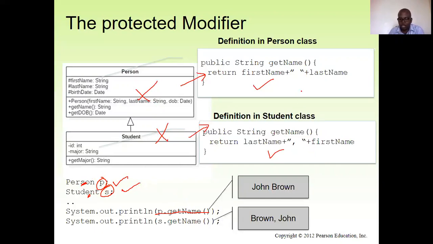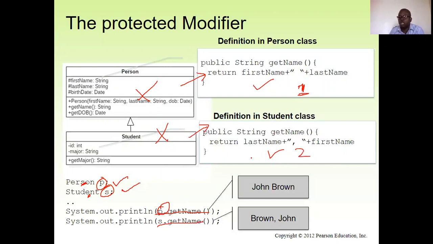No. Okay, good. This one, right? Why is that so? Because p is of type person, so it's the getName that is in person that is going to be executed. But s is of type student, so this getName is going to execute this one.